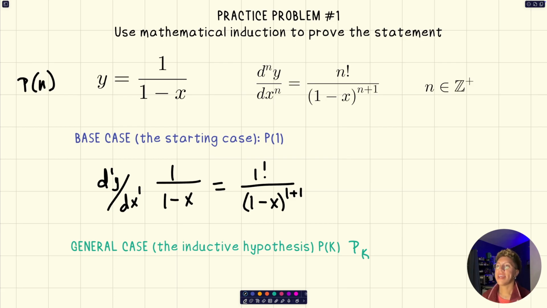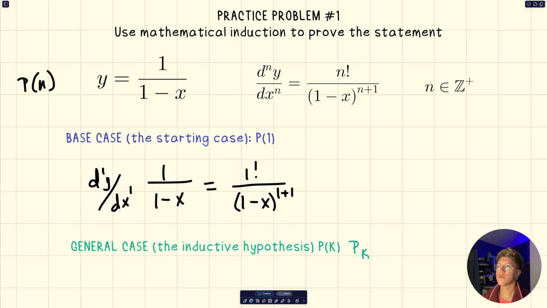So we simplify down, and let's see, let's make a little bit of space. We'll just do it over here. So we're saying the derivative here is 1 over 1 minus x to the second power.